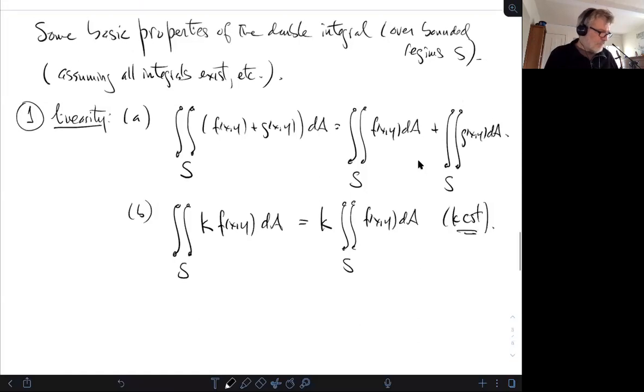Okay, so now let's look at some other different kinds of properties, which all of them mimic or are the same that you saw in Cal 2 for the one variable case. Okay. So here's the second one. It says that the integral is order preserving. So what does that mean?